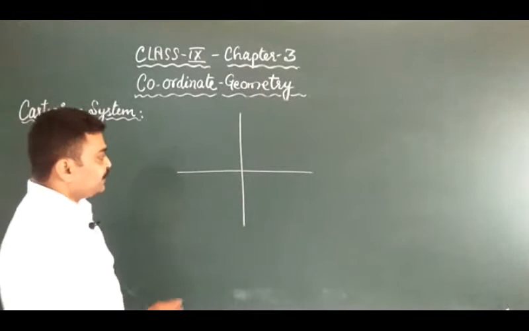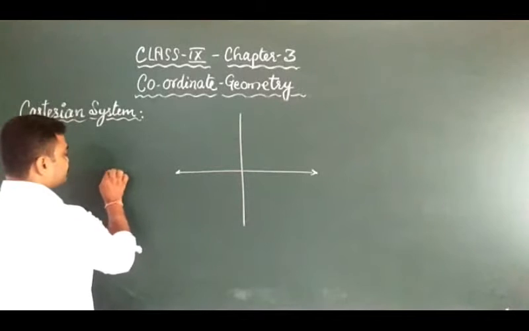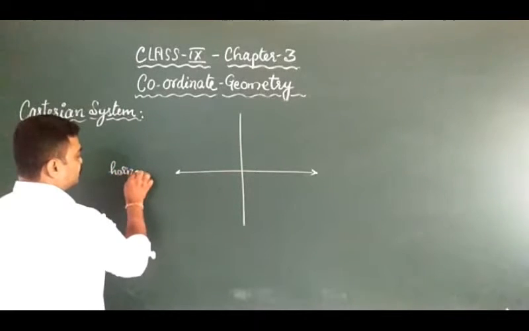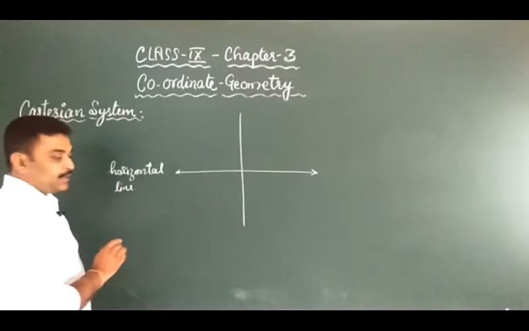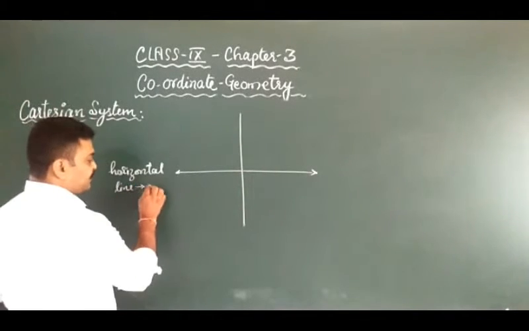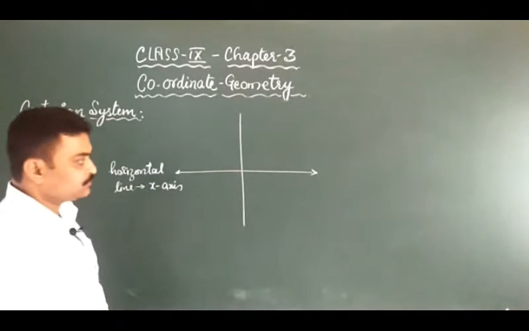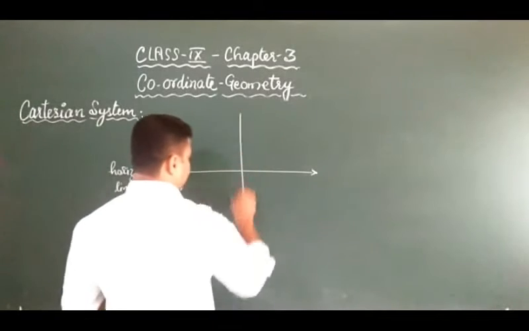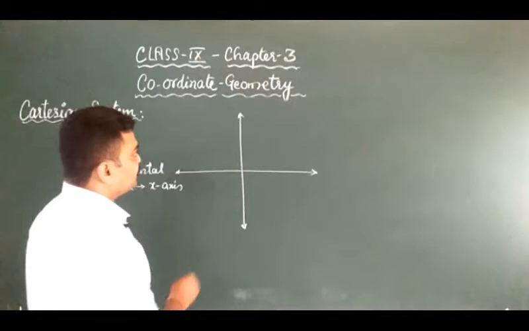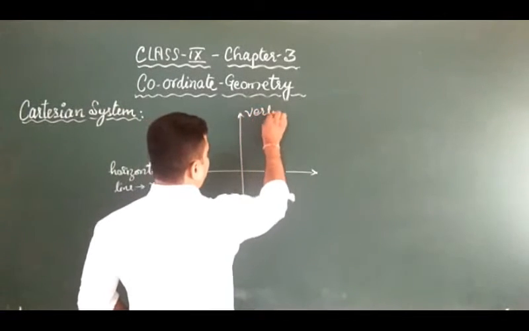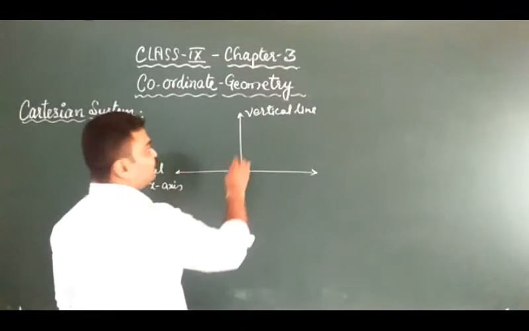Clear? And this is called the horizontal line, and we will say this horizontal line as x-axis. Clear? And this line is a vertical line, and this vertical line is called y-axis.